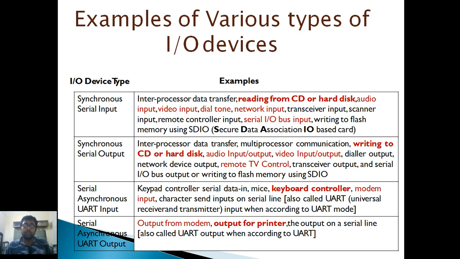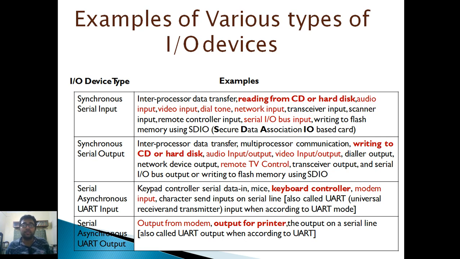The UART will function as a serial asynchronous UART input or serial asynchronous UART output according to the instruction that it possesses. So a UART port practically works as a serial asynchronous UART input or serial asynchronous UART output.